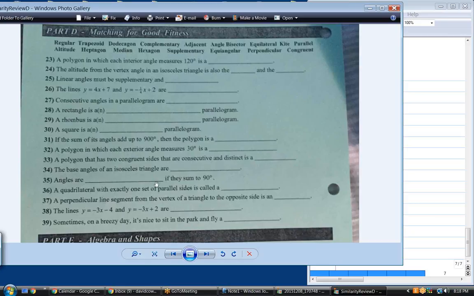If you subtract 39 minus 23, you get 16, but you have to add one. So there's actually 17 questions here, and one of them has two blanks. So there's 18 blanks, and there's only 17 questions. So we're going to have to use one of these words twice, and kite would appear to be the one. Kite's going to go there and here.